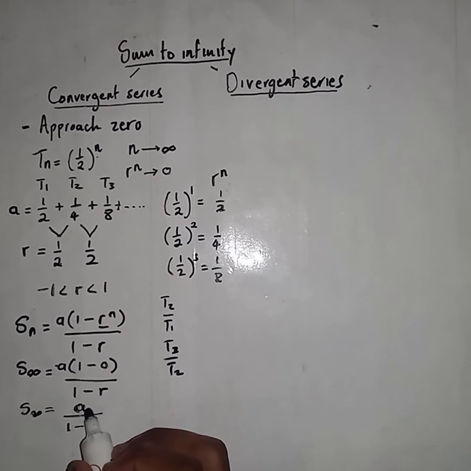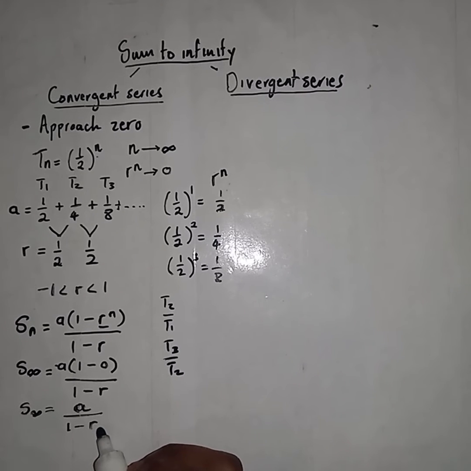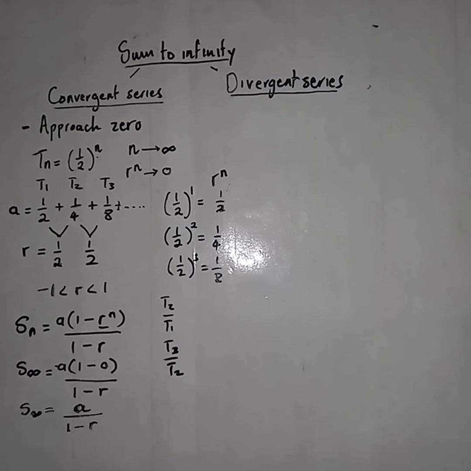We are going to need the a value as well as the r value, which is our ratio. You see, before I apply this formula, let me quickly explain the divergent.